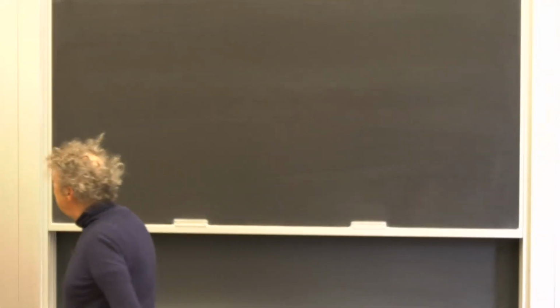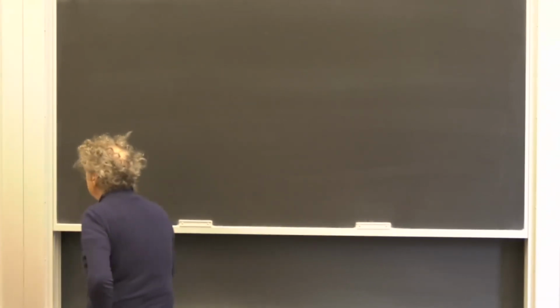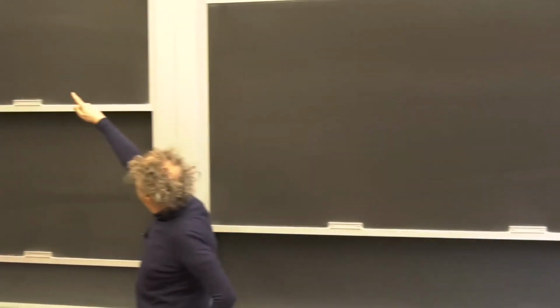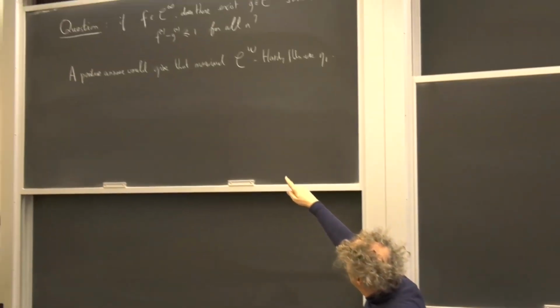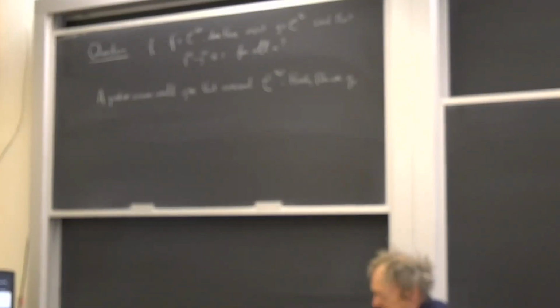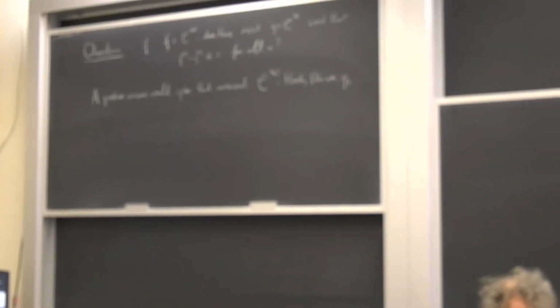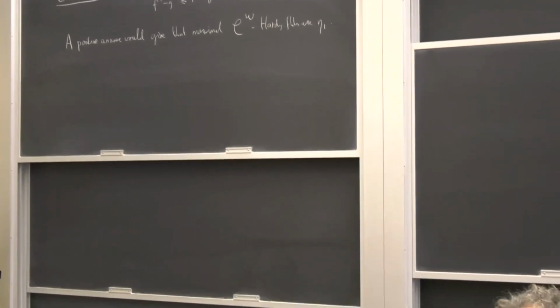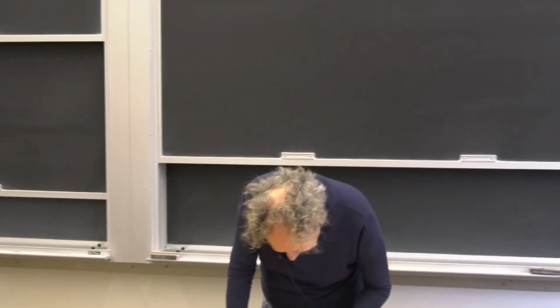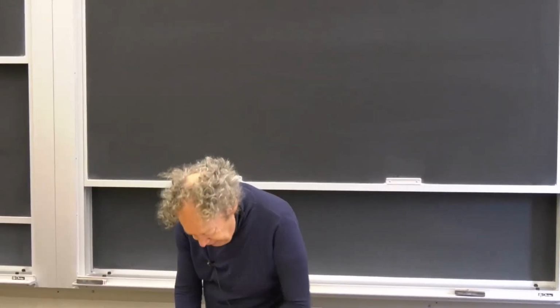That kind of thing is certainly well known. But here, of course, you have to look at the differences between the n-th derivatives for every n simultaneously, and that makes it tricky.